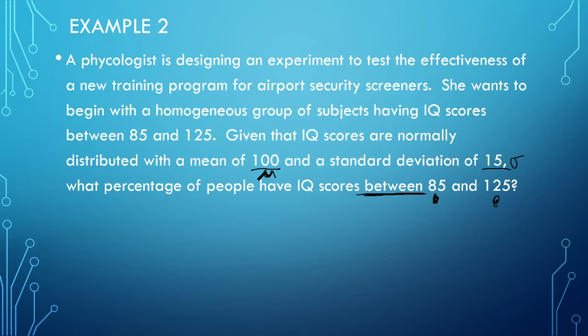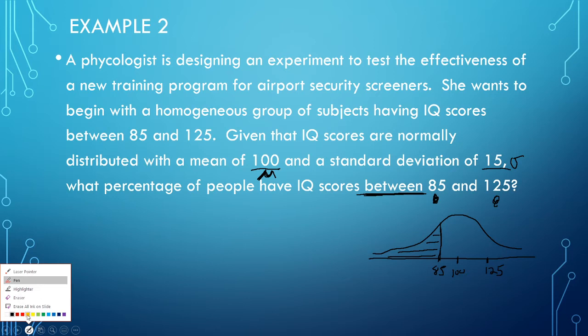So graphically, it looks like this. You have your curve here, and here's your average value of 100. Let's say 85 is right here, and 125 is right here. When I do the same thing I did in the last problem for 85, I get the probability of picking something less than or equal to 85.